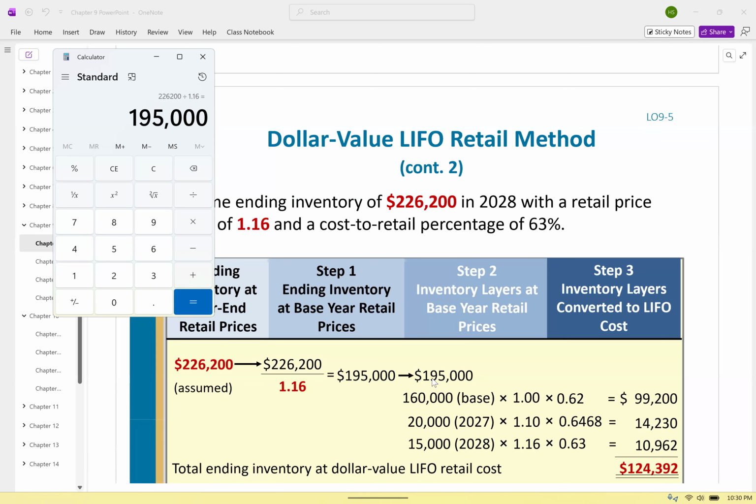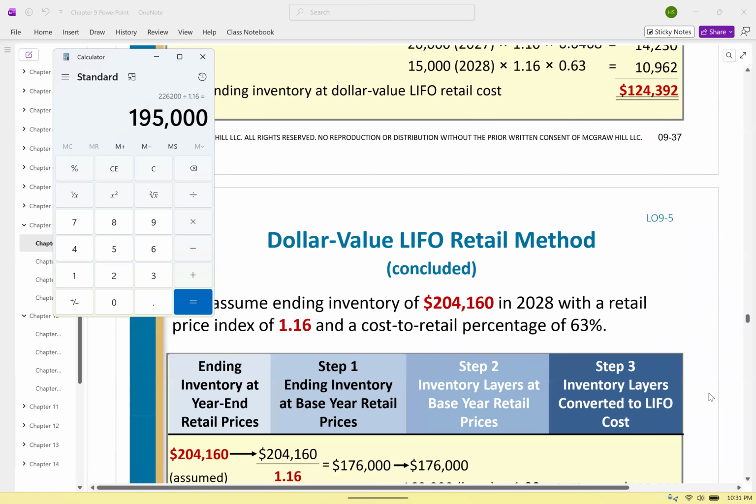So 195 minus 180. And they gave us this percentage of 63%, so we didn't calculate that. They gave it to us in this problem. Then multiply all those out, the price index times the percentage, that's your cost to retail. This is retail dollars, and that's why we have to use that percentage. We didn't have to do that in the previous chapter. So our total ending inventory at dollar value LIFO is those three numbers added up.